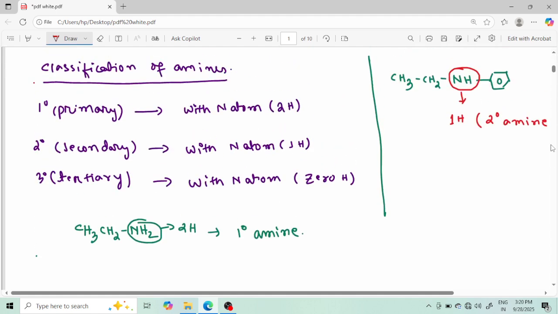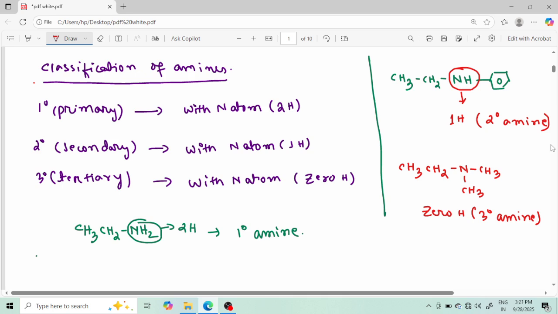Now one example of 3 degree, suppose I am giving CH3CH2N with CH3 and CH3. I can clearly see that this nitrogen does not have any hydrogen, so it has 0 hydrogen, yes or no? So I can say it's a 3 degree amine.